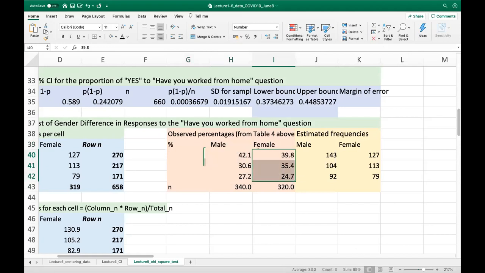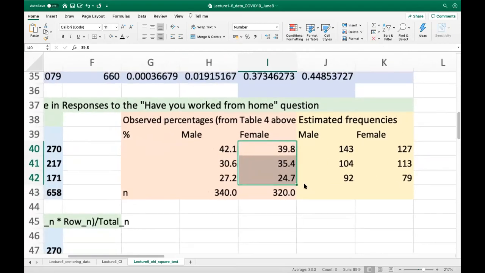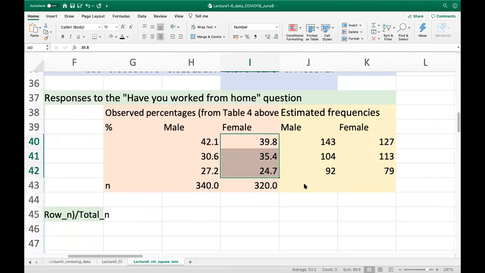In this case 99.9, because they had to do some rounding, which is causing some problems later, you'll see. But they did tell us the n, so based on the n, the number of female and male in this survey, female has 320, male 340.